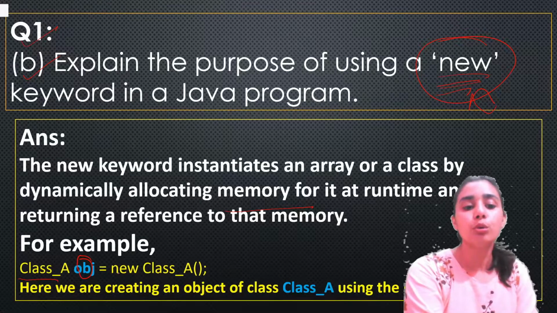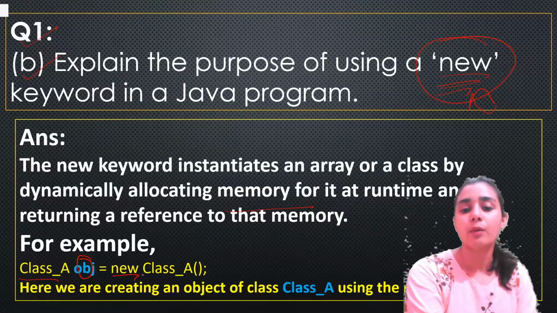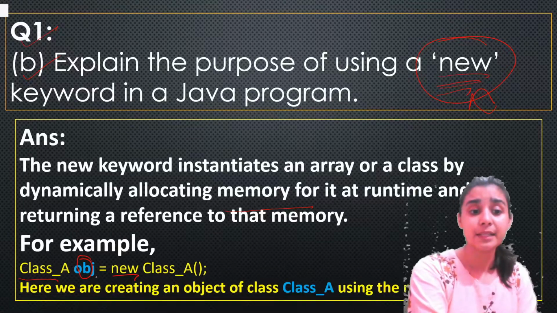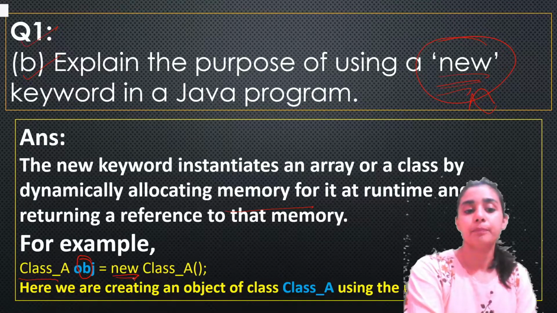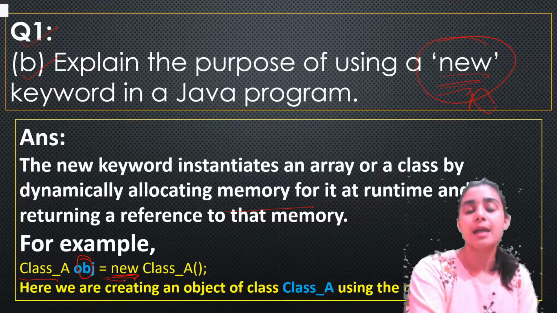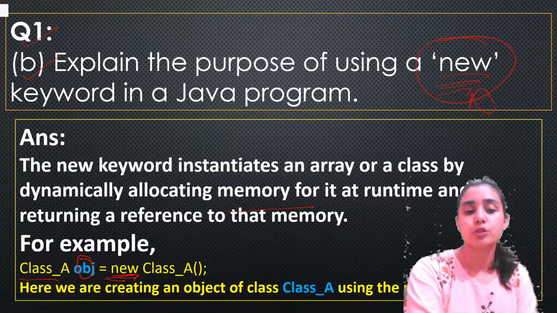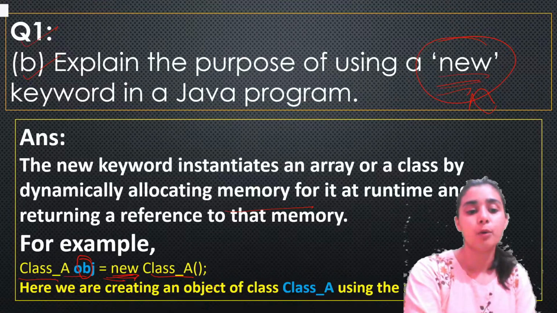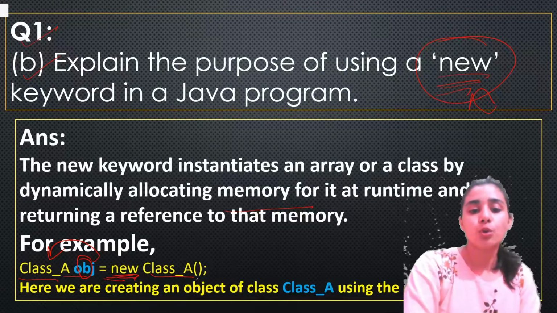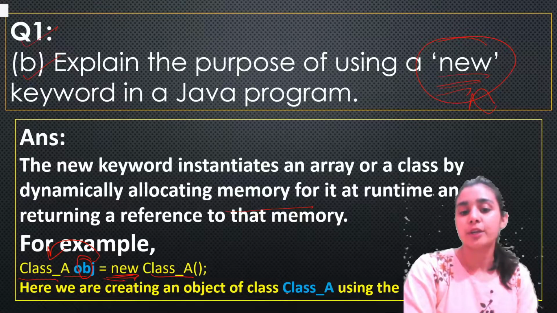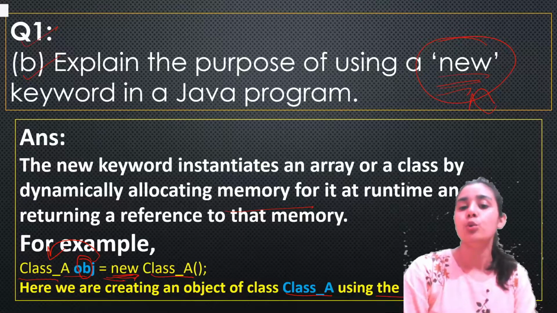Now through the new keyword, what I have done is this was created. Now it is allocating the memory at runtime. So this thing happens with the help of the new keyword. So this is my class name, and this is the object of class A. Here we are creating the object of class A using the new keyword.